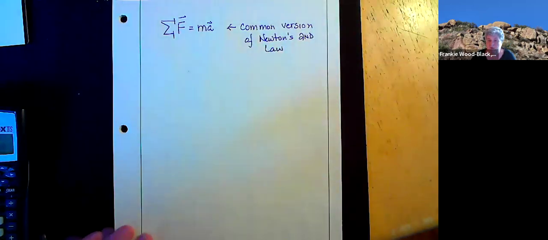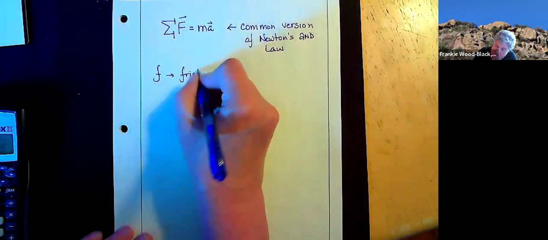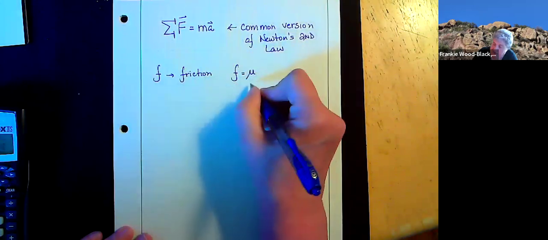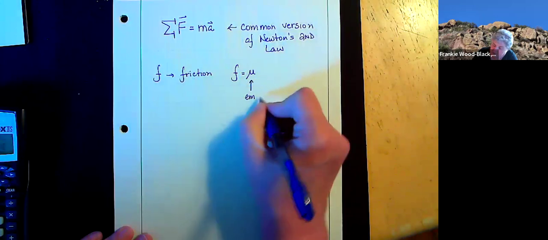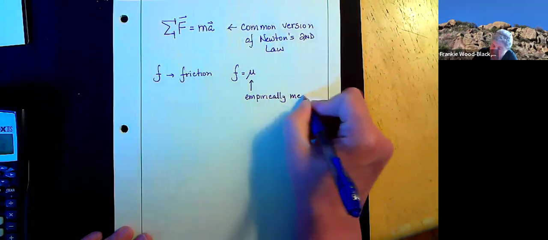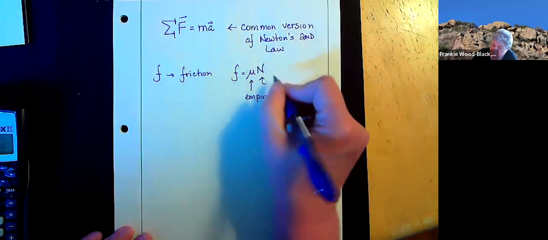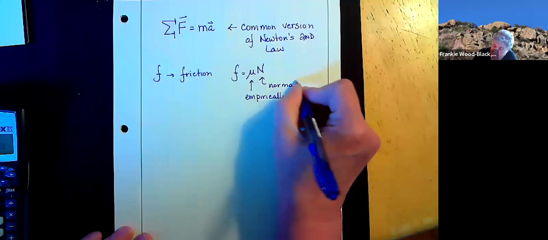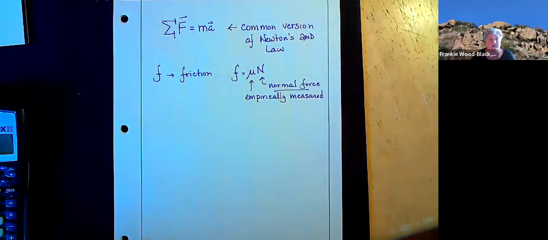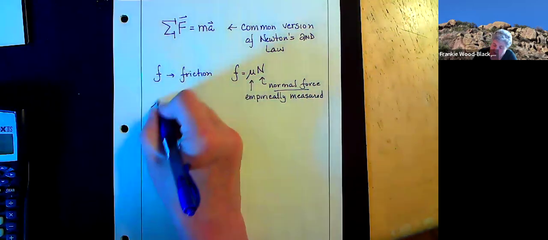We also have already seen friction. Friction is actually going to be a coefficient, something that's empirically measured, times the normal force. So my force due to friction is a coefficient of friction, and I can have two coefficients of friction.